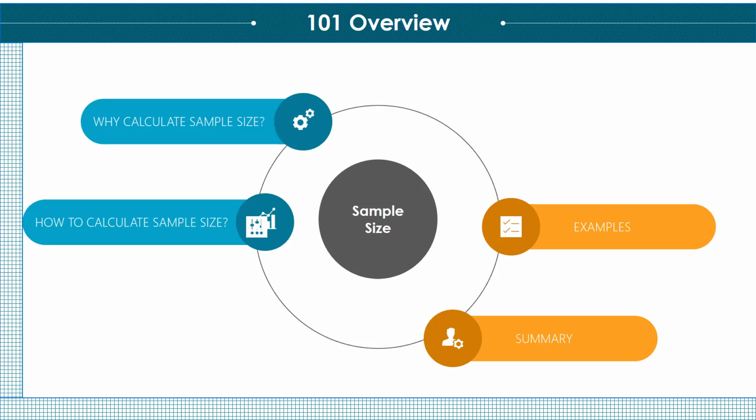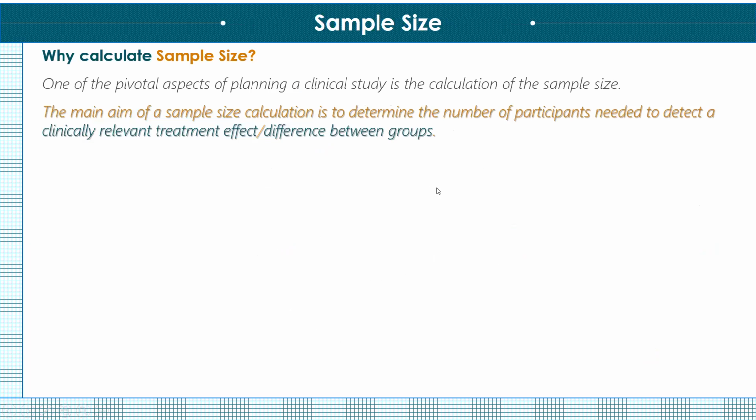So just briefly, I'm going to talk about why you should calculate sample size upfront and how to do it with an example. Again, the bare minimum. Why calculate sample size? One of the pivotal aspects of planning a clinical study is the calculation of the sample size.